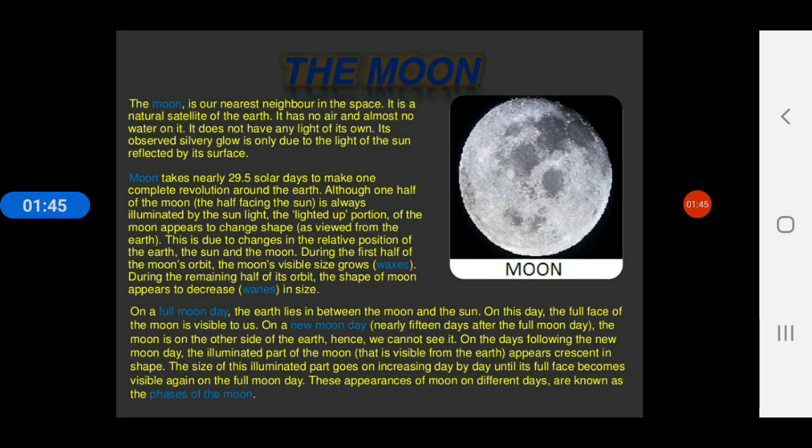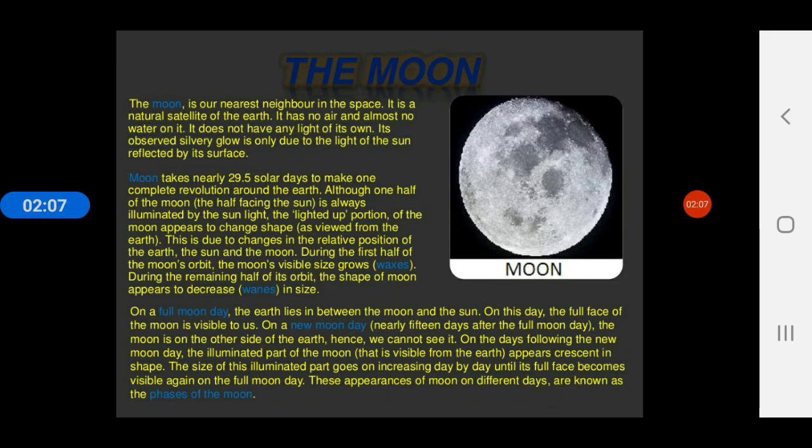It is just because of the relative position of the earth, moon and sun that we are able to see some part of the illuminated moon, according to which we see different sizes of moon.